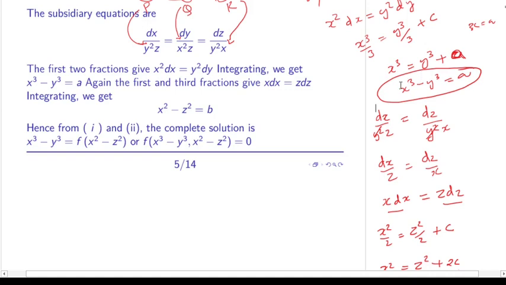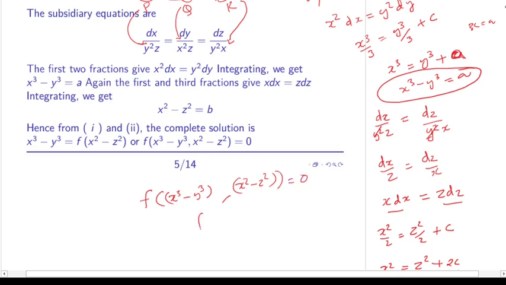Okay, so you can write the first solution and second solution either in the form of some function phi or f of x cube minus y cube, comma, x square minus z square equal to 0.